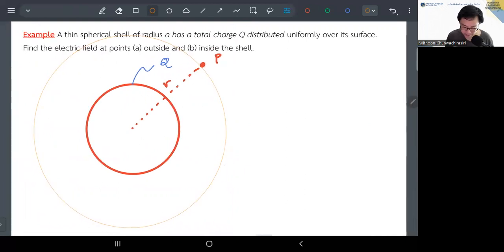There we go. One more time, it's the spherical symmetry, so the Gaussian surface is in the shape of a sphere. Then you just do the same thing as you did before.